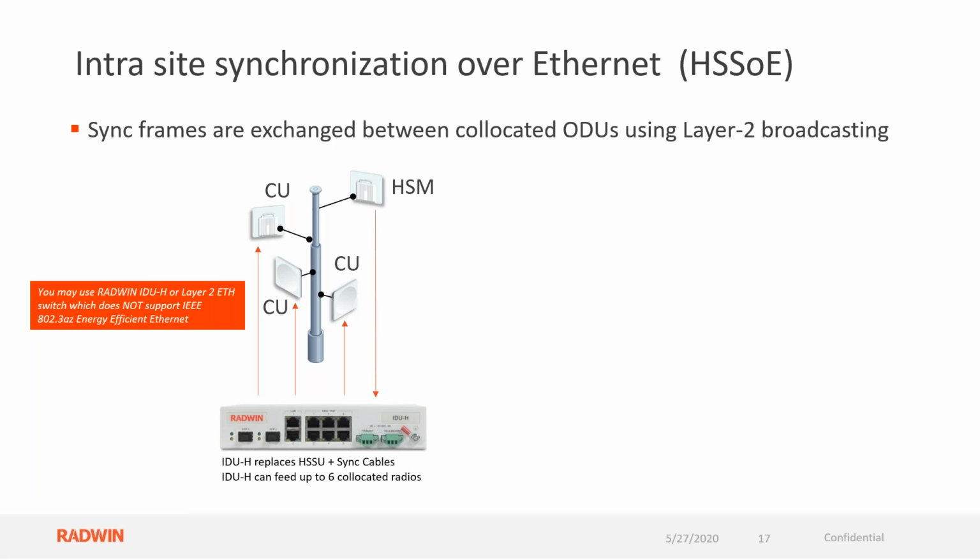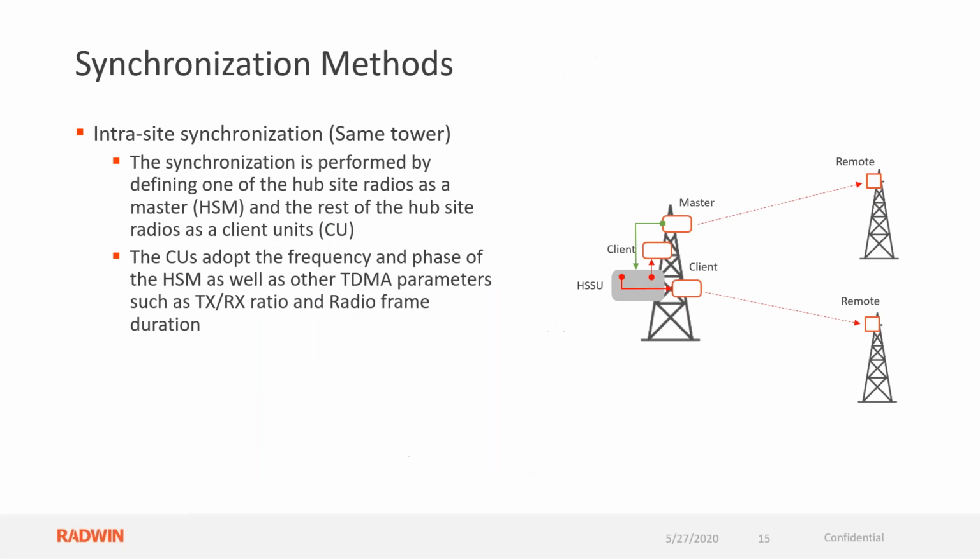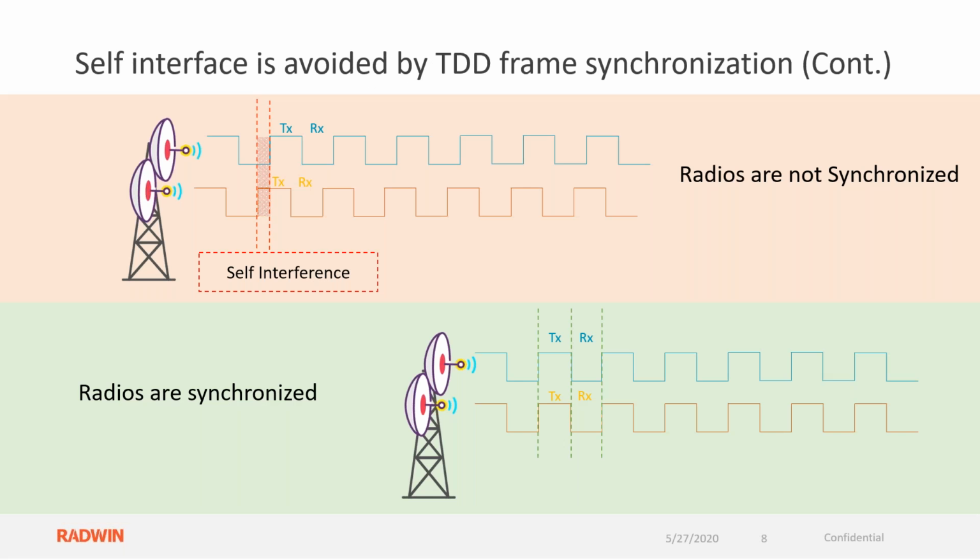Now, on intra, when I discuss intra, I need one unit to be the master clock. Now, remember, this is the clock. If I go backward, this is the clock. The master provides the clock. Now, you can say that this is the master. The blue one is the master, and the orange ones are the slaves.